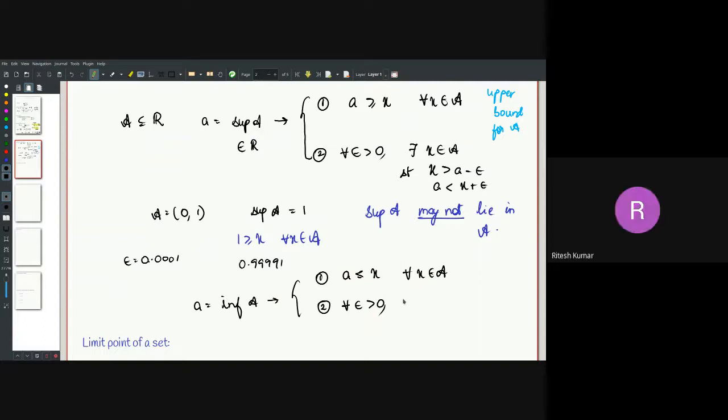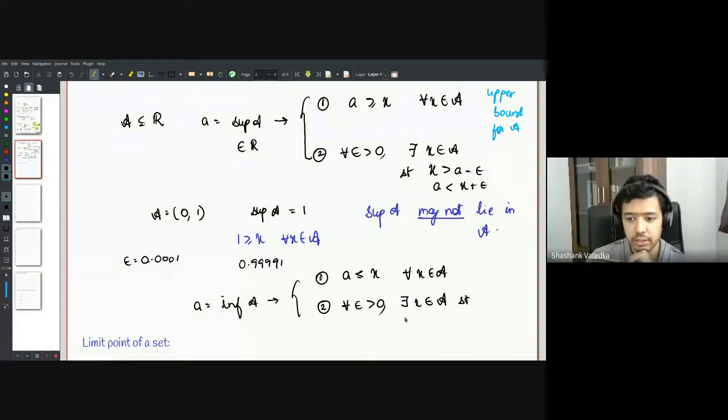Sir, the inequality will be changed. Correct. So there should exist some x in the set A such that x is less than A plus epsilon.